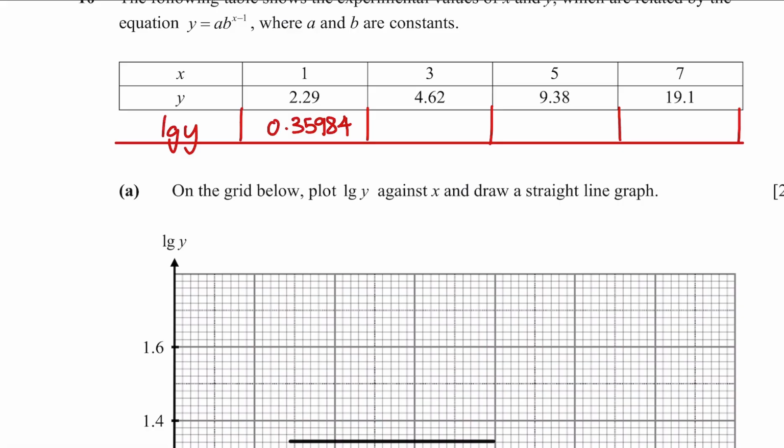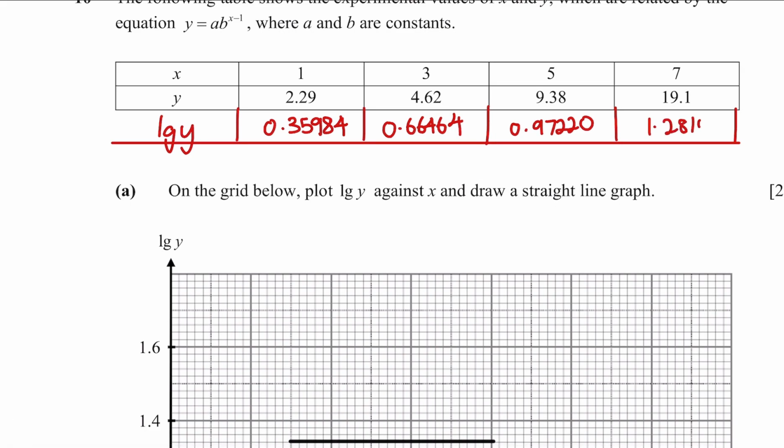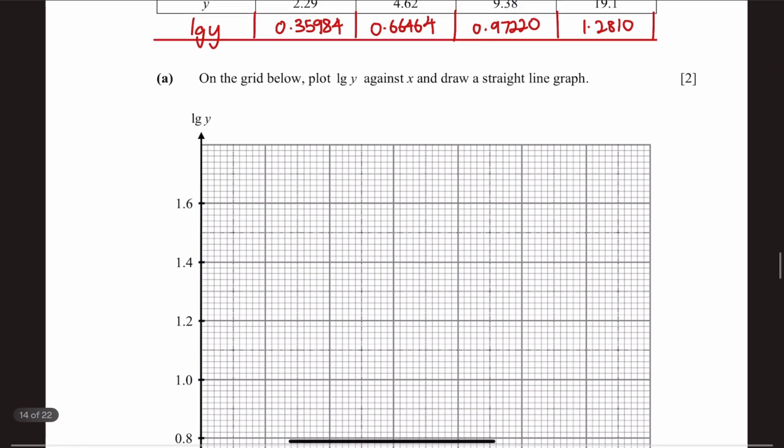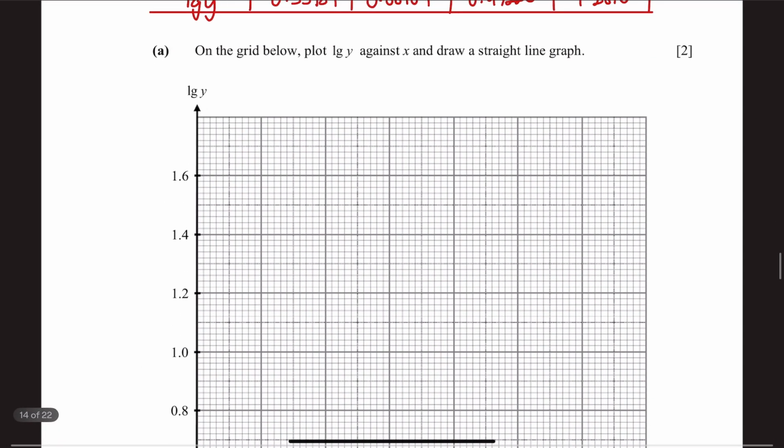Next one, log 4.62, I'll get 0.66464. Next one, 9.38, I get 0.97220. And the last one, 19.1, I get 1.2810. So over here, I can plot log y against x by first plotting the points correctly.